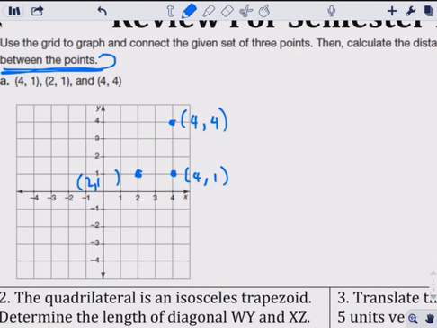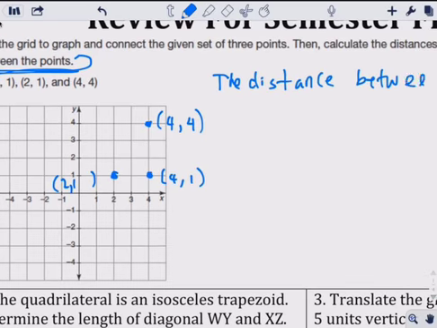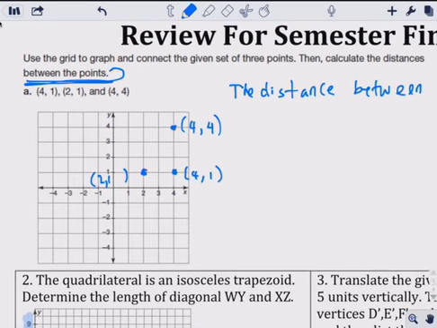Okay, so the distance between 4, 1 and 2, 1 is 2.